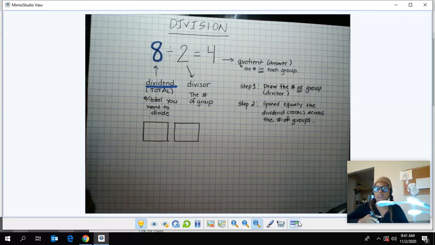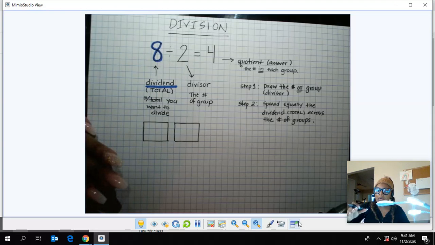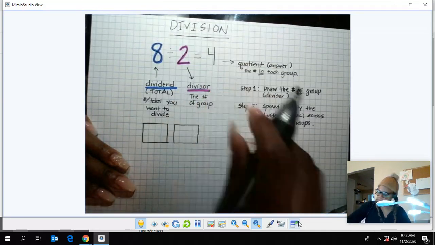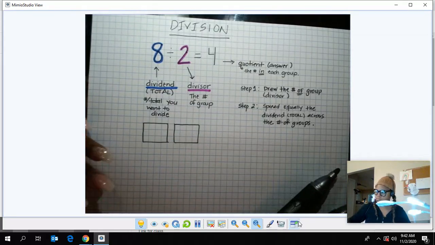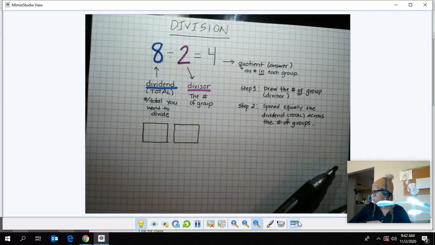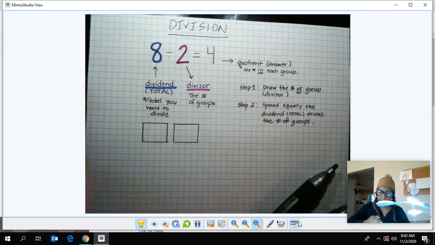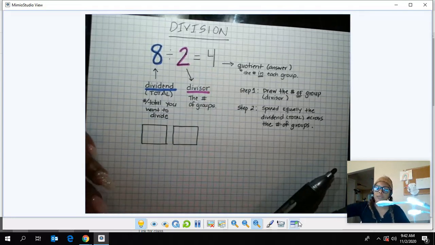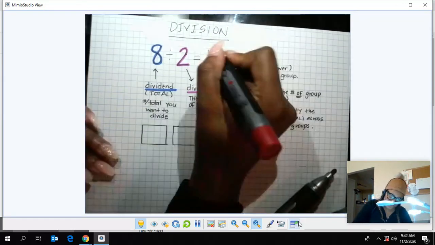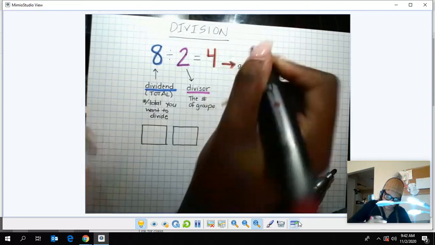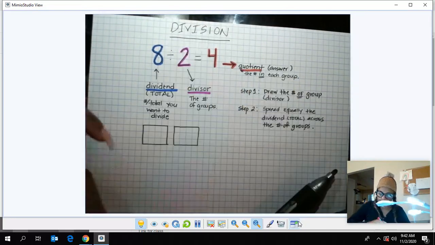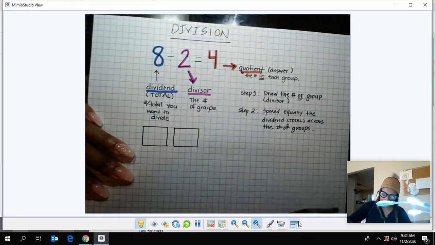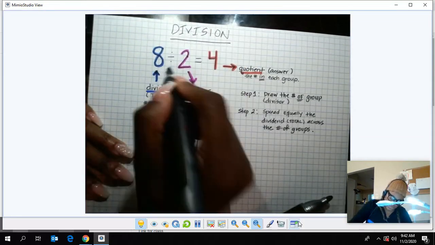For my divisor, the number of groups, I'm going to use purple. And for my quotient, I'm going to use the color red so that we can match up where we're going with things. That's my quotient, my answer. Here's my divisor, which is the number of groups. And here's my dividend, which is the total.